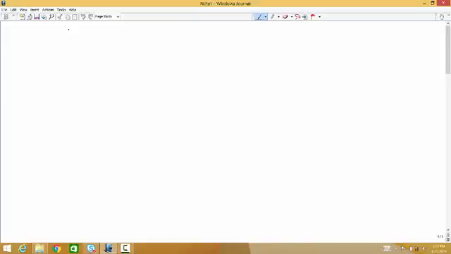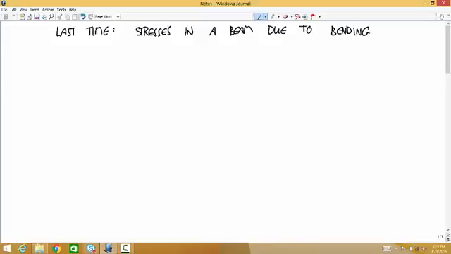So we're going into... we started talking about the stresses due to bending. And really, even more important than understanding how to do these calculations is knowing when they apply.